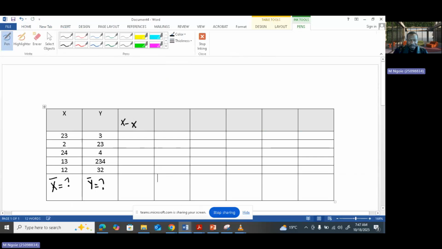Here you're going to do x minus x bar. There you're going to do y minus y bar. And here you're going to put your answer. And here also you're going to put your answer.